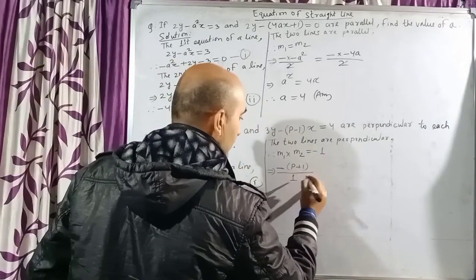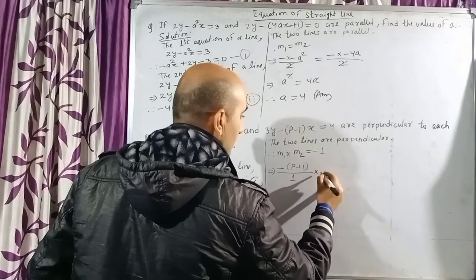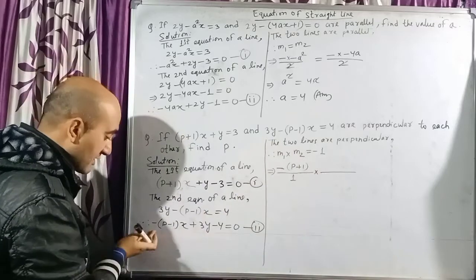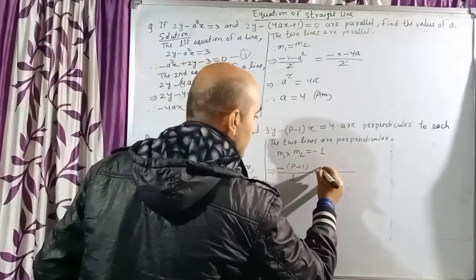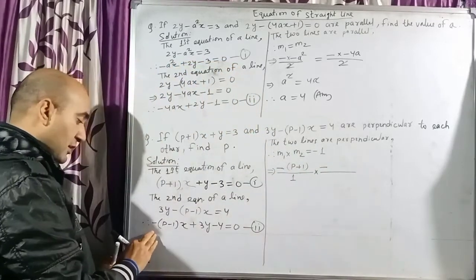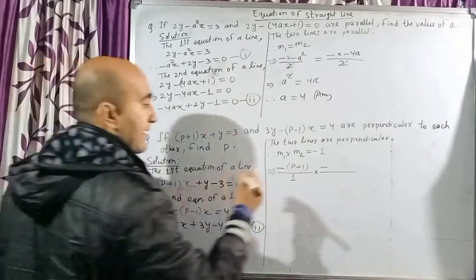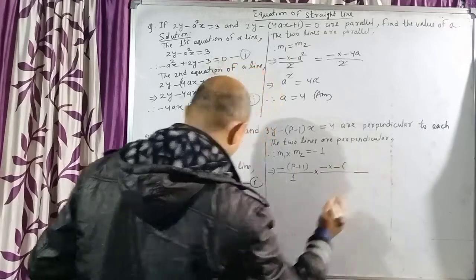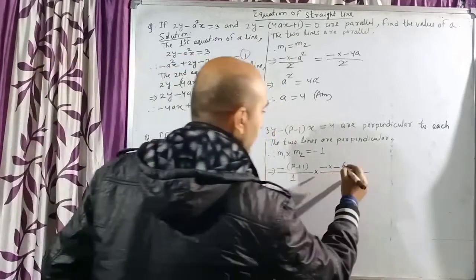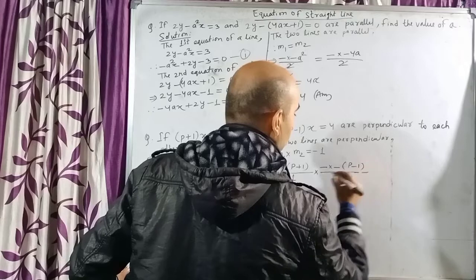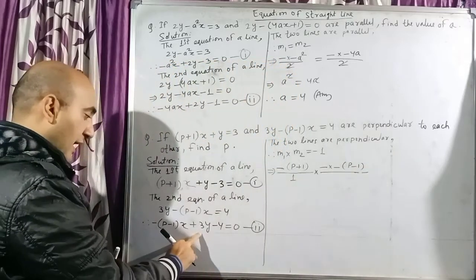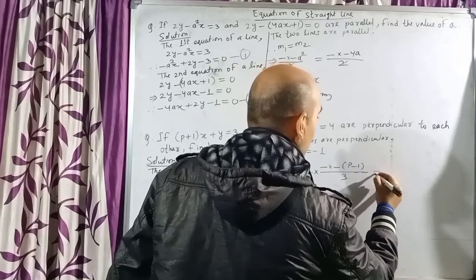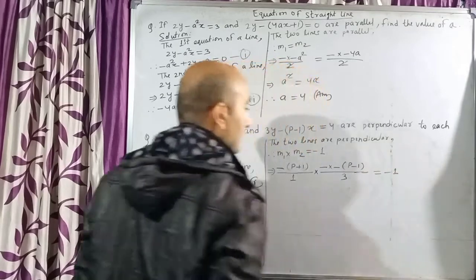By coefficient of y. Coefficient of y is only 1. Write 1 here. Into, same thing, m2 means second equation, minus coefficient of x. Here also we have minus. So put multiplication and write minus, and coefficient of x is p minus 1, by coefficient of y. Coefficient of y is 3. Very interesting. Equal to minus 1.